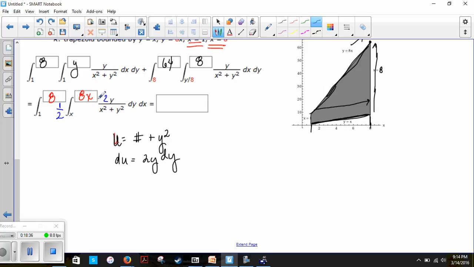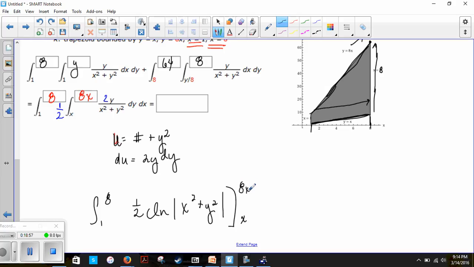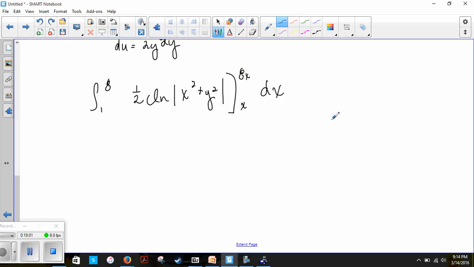And I basically have the ln, right? So now I have 1 to 8, 1/2 the ln of x squared plus y squared, from x to 8x, and then eventually we'll have to deal with the dx.